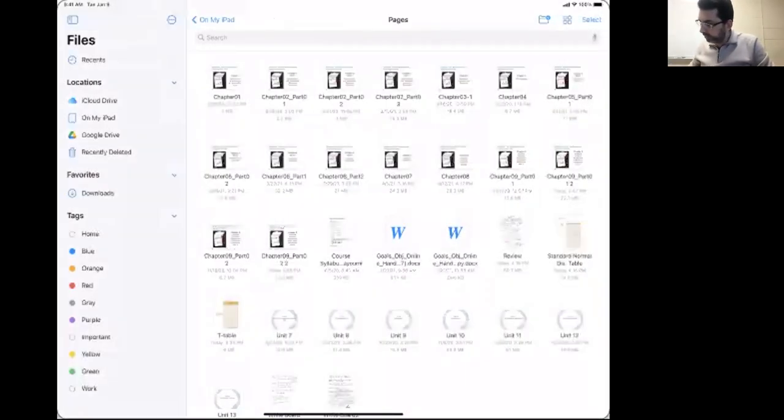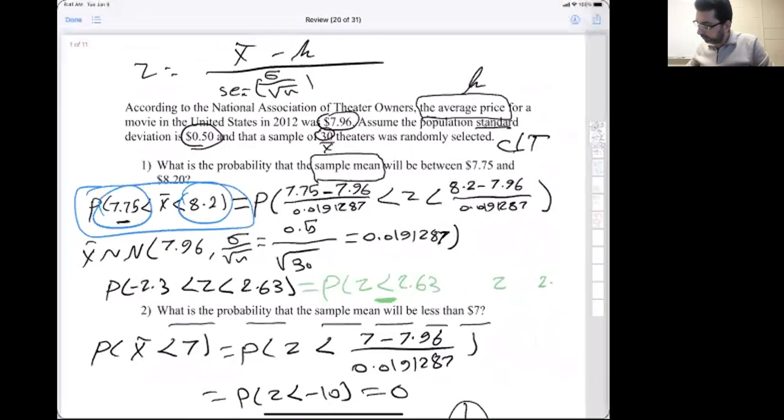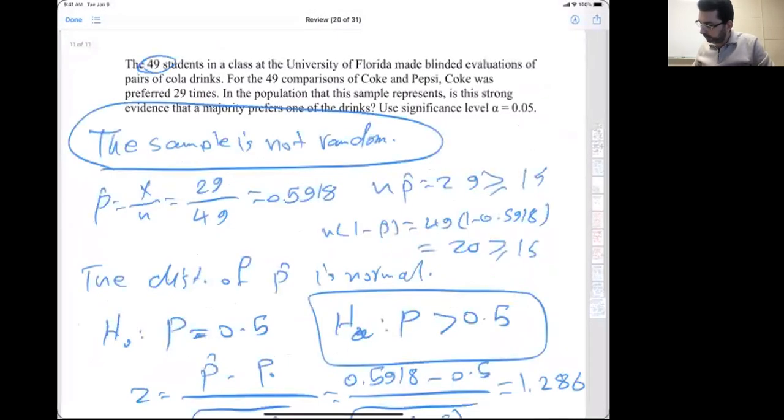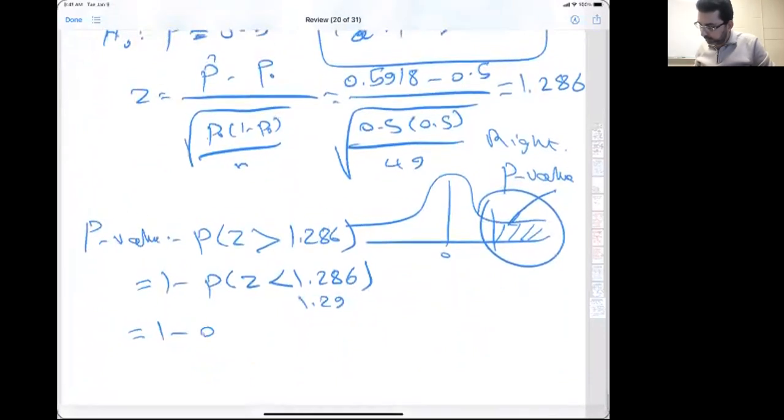So we have 1 minus 0.9015, which is 0.0985.